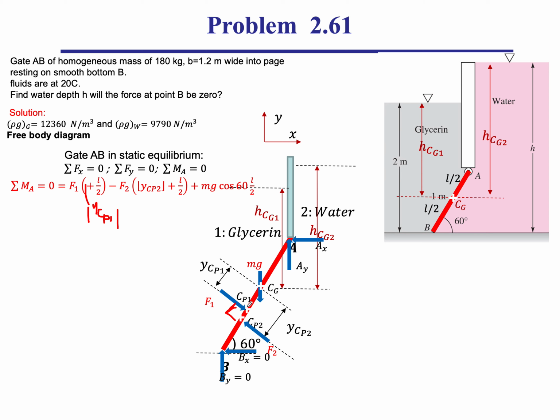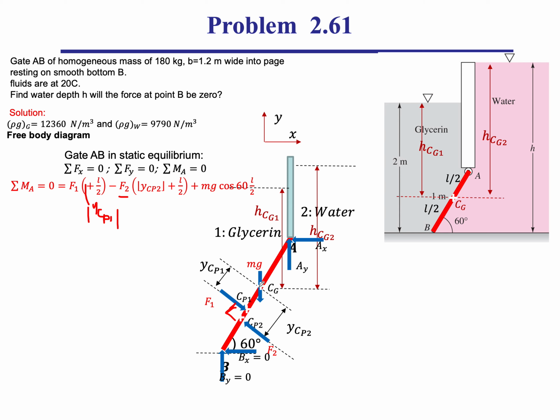So the distance between the force F1 and point A is just YCP1, plus the length of the gate divided by 2, so that's L over 2. Then my force F2 has a moment arm around point A, so that's my force multiplied by the moment arm, YCP2 plus the length L over 2.